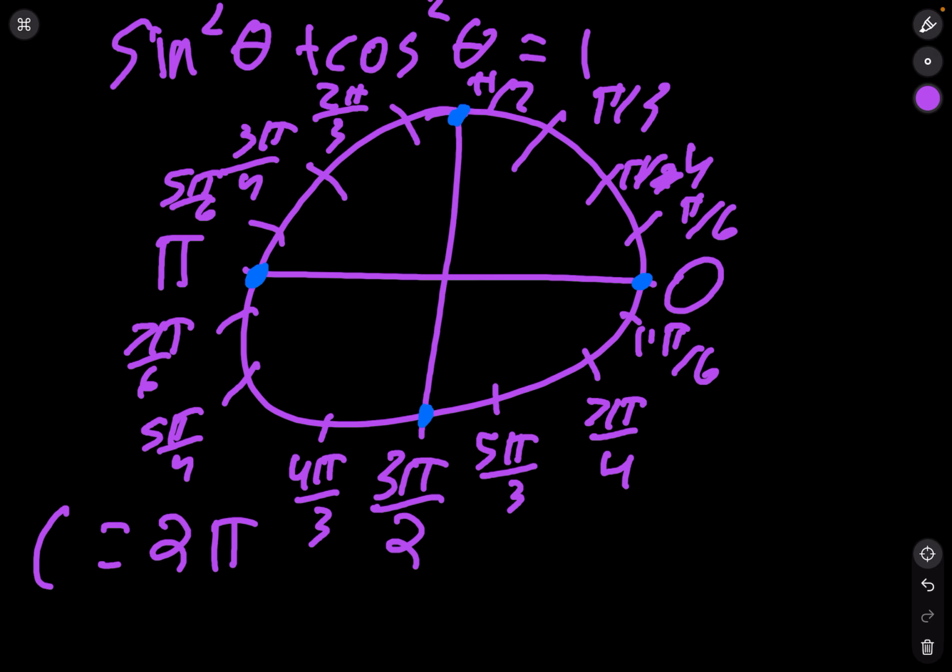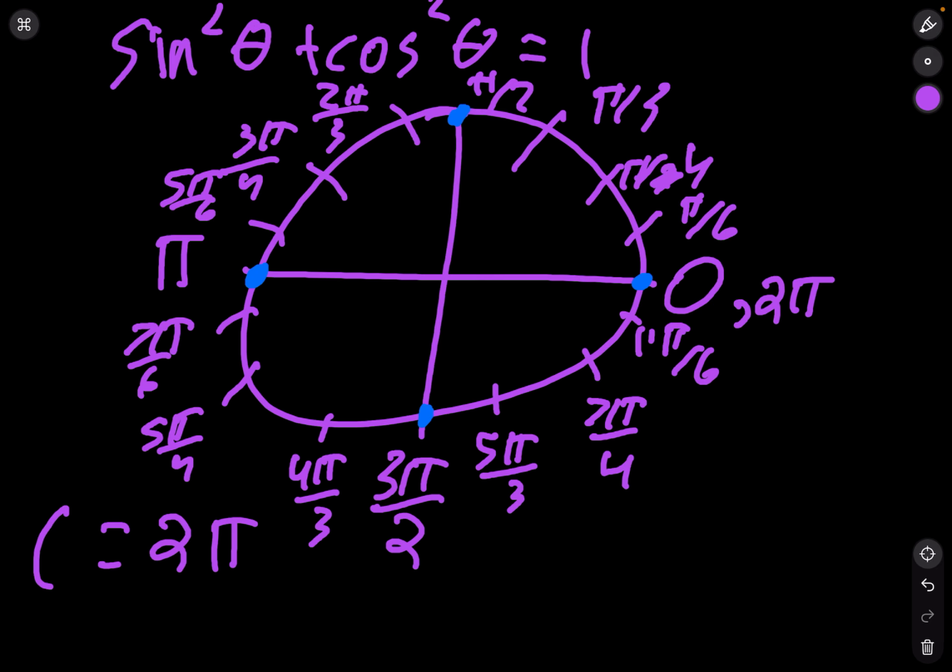And so this trend continues. Next to pi half, you will have 2 pi third, 3 pi 4, and 5 pi 6, until you reach pi. Then you have 7 pi 6, 5 pi 4, and 4 pi 3.